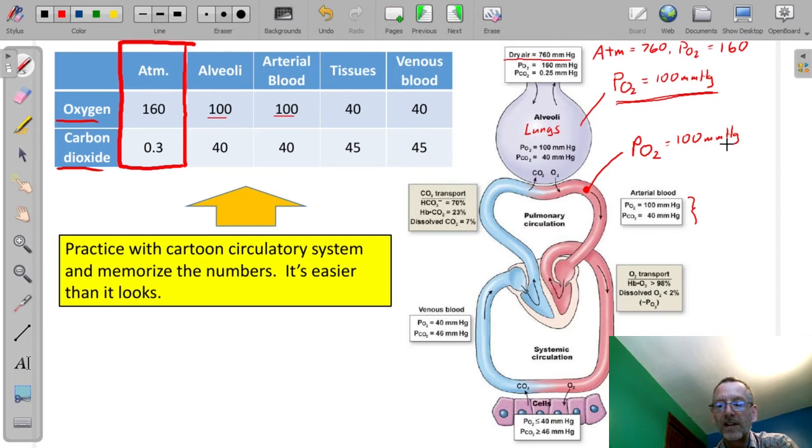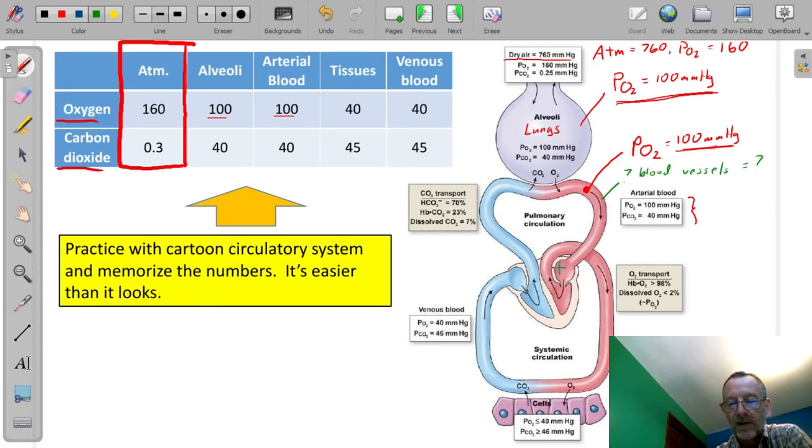It circulates through the heart. There are no capillaries in the heart, so there's no change in the partial pressures. By the way, what blood vessel is this representing? Be clear on that. So those are the pulmonary veins, returning oxygenated blood back to the heart.